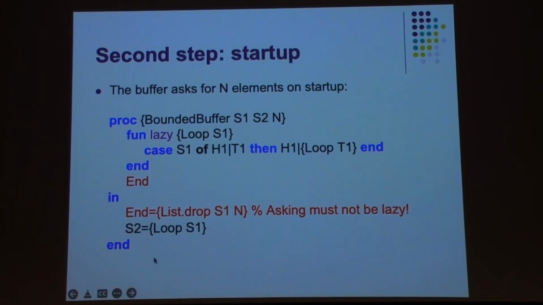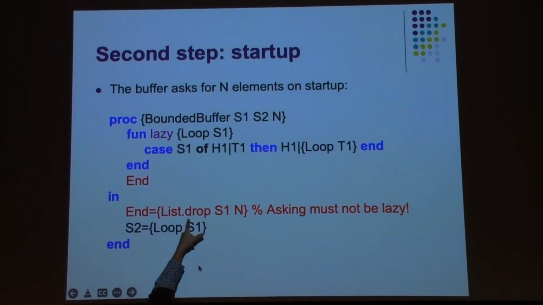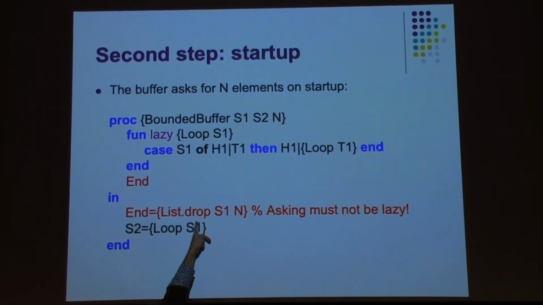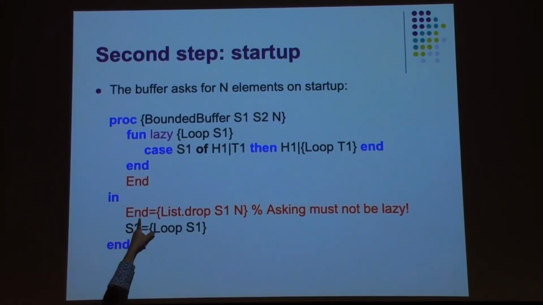So I'm using a built-in function, List.drop, which basically removes the first n elements from S1. So it's traversing S1, n, and the end is where it ends up. And this is not lazy. So immediately, it will need n elements from S1 when it starts up. Because the buffer has n elements, we immediately want to start filling it up when it starts.